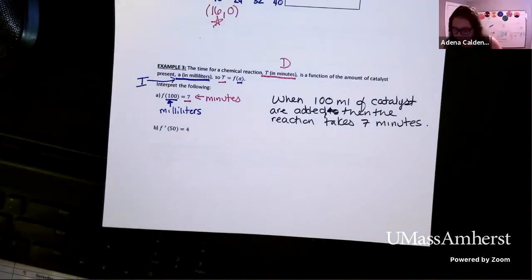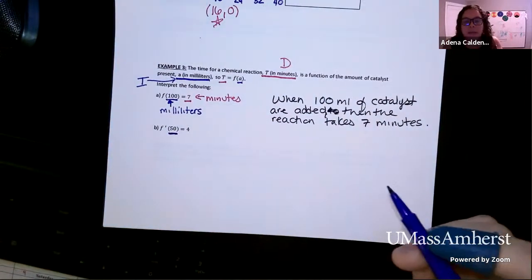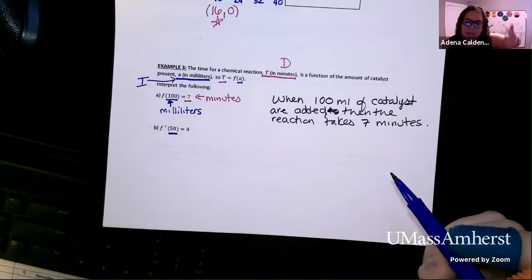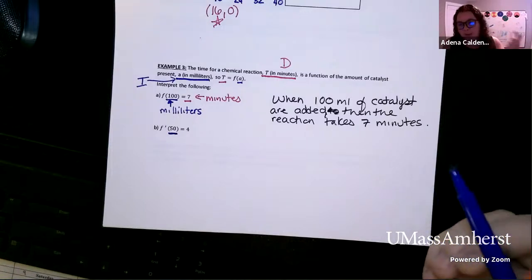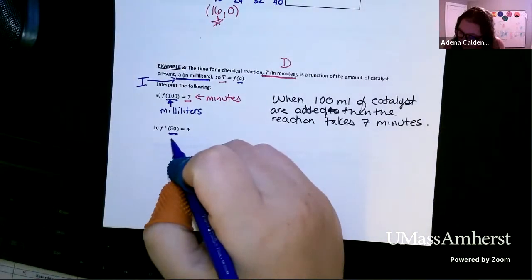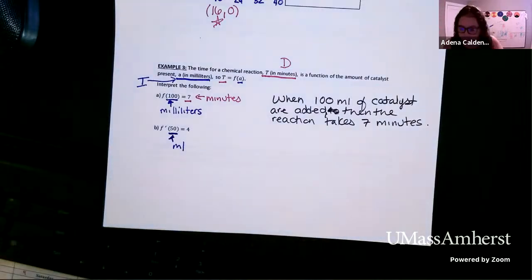So again, the number that's inside the function, this 50 right here, is also still going to be an independent value, right? So no matter what, you're always plugging in an independent value, whether it's the original function or the first derivative. So here that 50 is again in milliliters. I'm just going to put ml for milliliters.